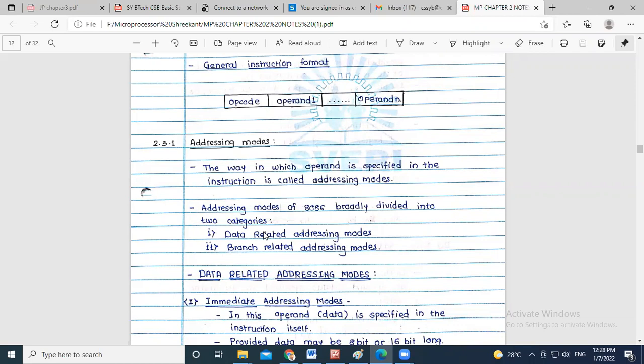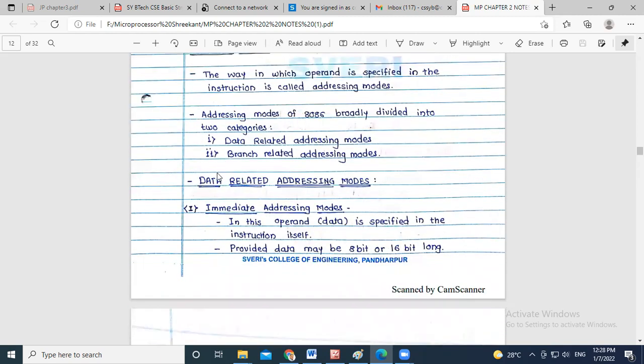Because there is memory segmentation with different locations of memory, we have to use branches to interconnect them with each other. So there are two main categories in addressing modes: data related and branch related.